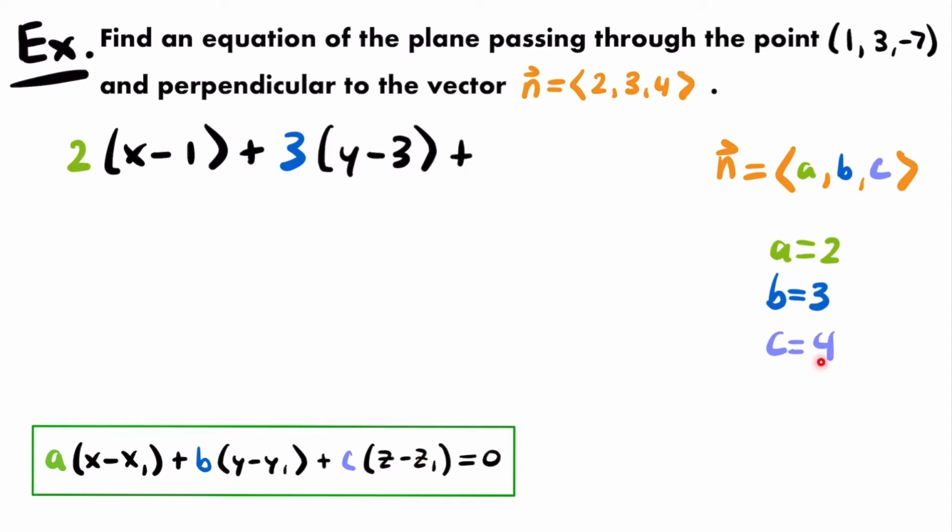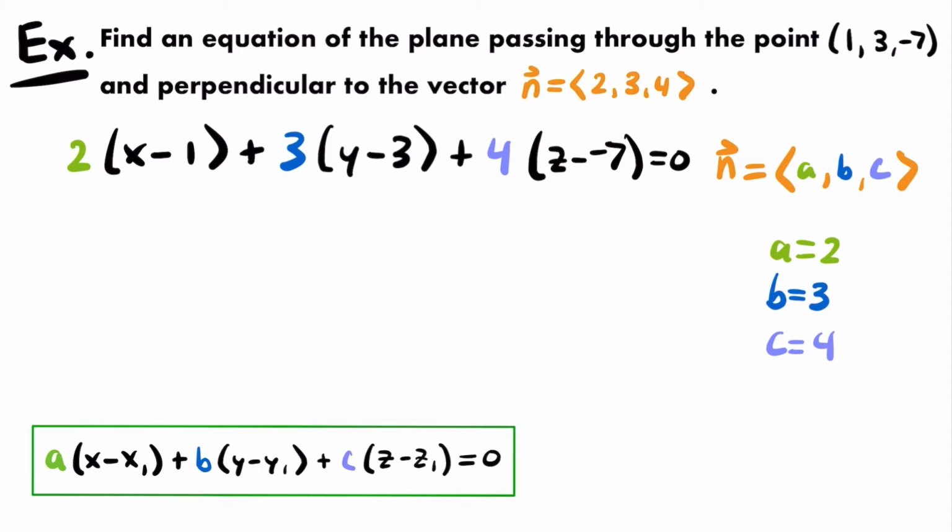And c is equal to 4, so we'll have 4 times (z minus negative 7), and that's equal to 0. Don't forget that last part of the equation. It is important. This would be the standard form of an equation of this plane.